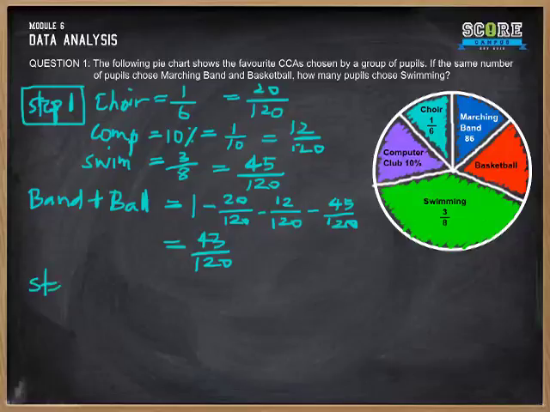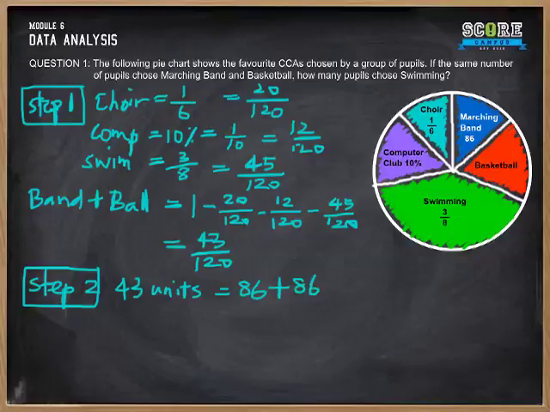So now we can move on to calculate how many pupils chose swimming, right? 43 out of a possible 120 units chose marching band and basketball, which is 86 plus 86, which is equal to 172. Now, if 43 units equals 172, 1 unit is, do the math.